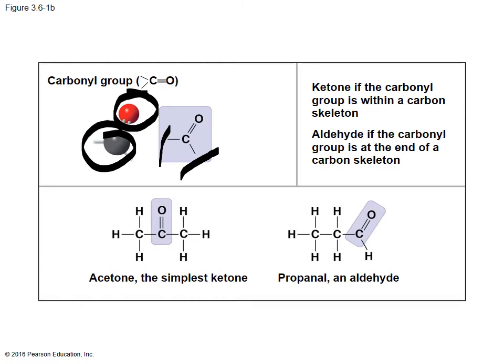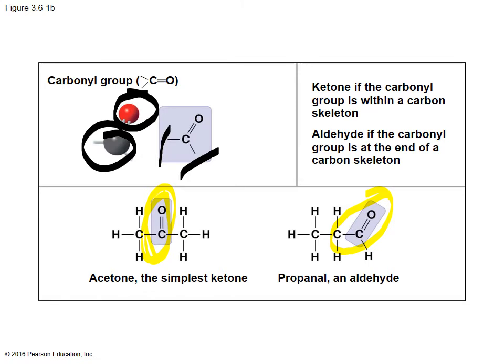So what is the difference? The ketones, they usually are found within the carbon skeleton. So they're like in the actual molecule. They're not on the outside part. The aldehyde, though, would be on the outside part. But that's the only distinction between these two.